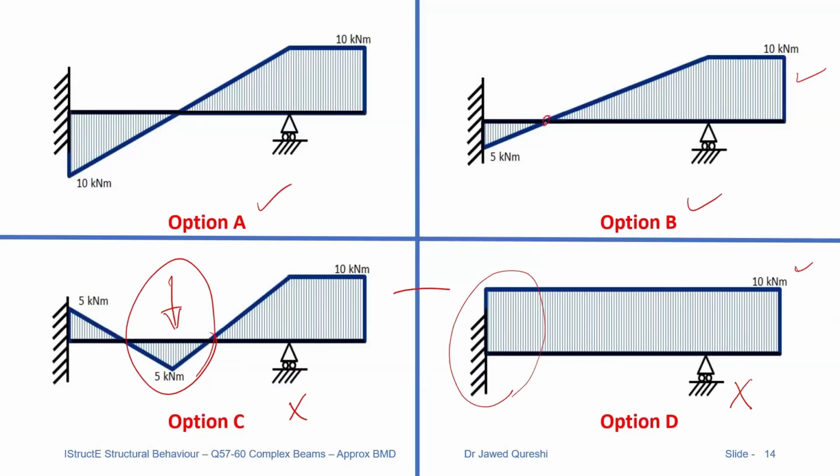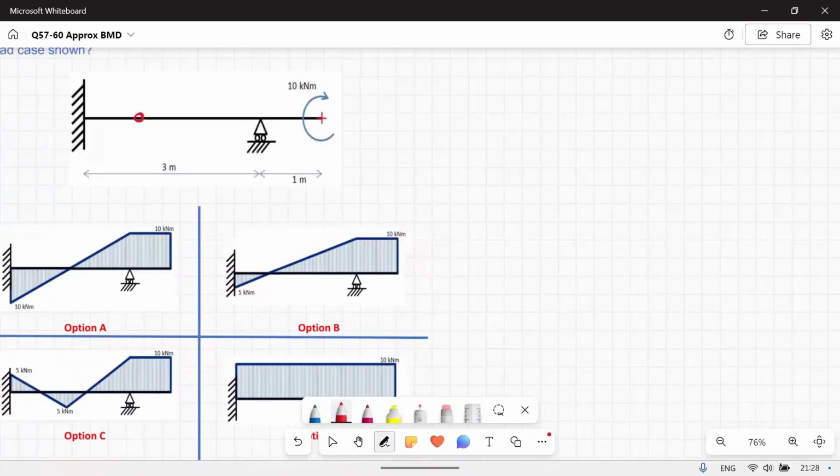Option B seems correct to me because this looks like 1/3 of the span and this is looking like a half span, but we will see which option is correct. So first we will assume a point of contraflexure at 1/3, and this will give us 1 meter.